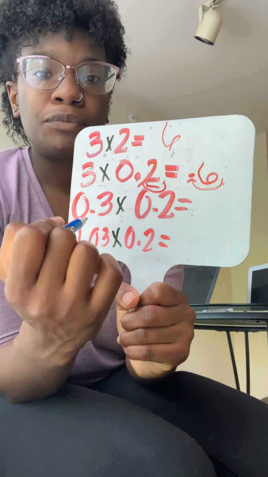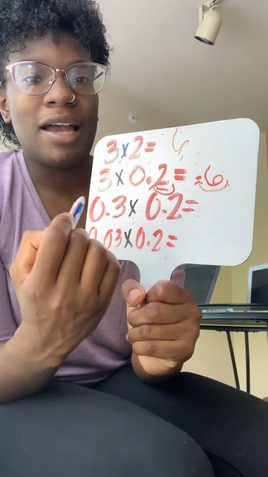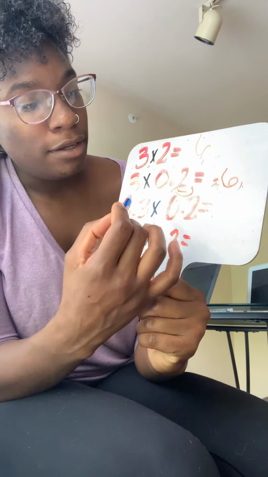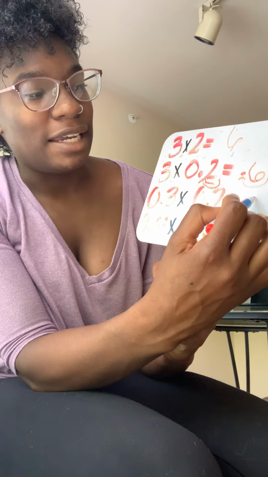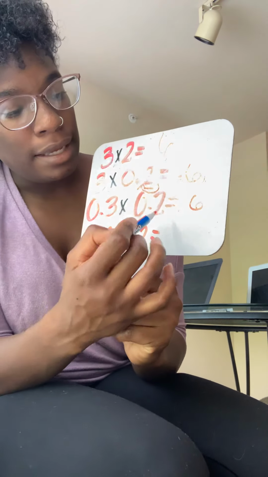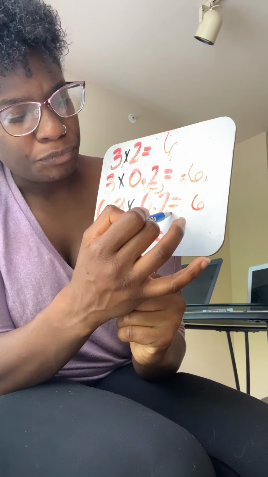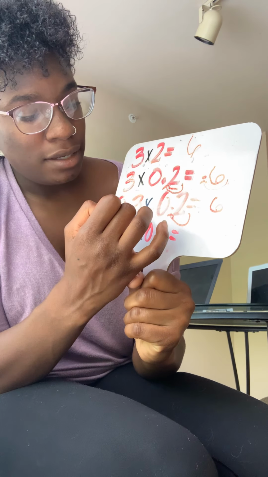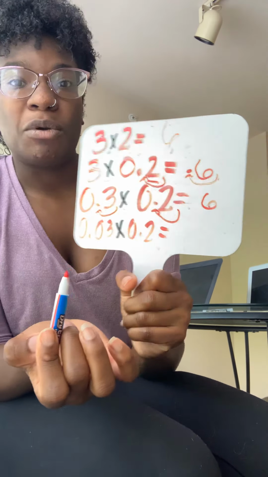All right? For number 3, we've got 3 tenths times 2 tenths. All right? 3 times 2, once again, is 6. But this time, we've got 2 decimal points. So we know that we moved 1 decimal positioning, and we moved another decimal positioning.